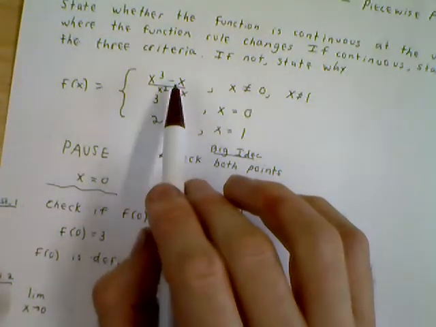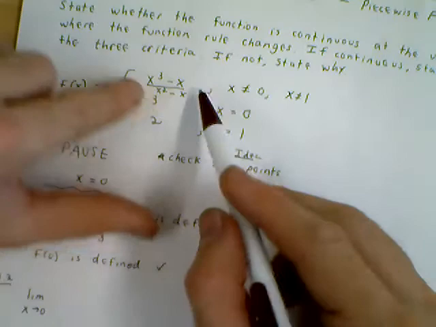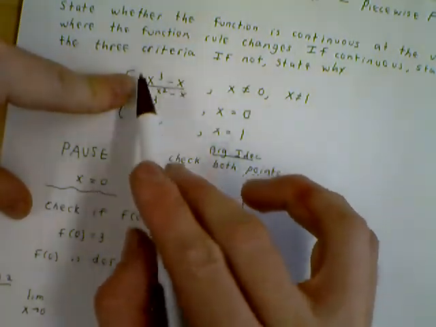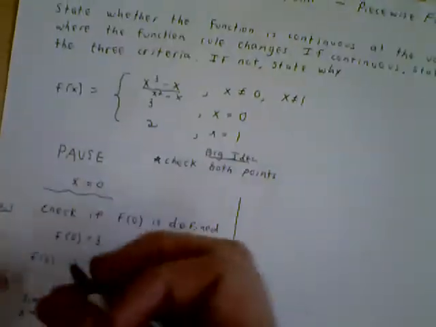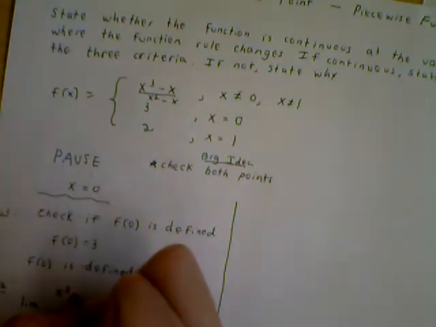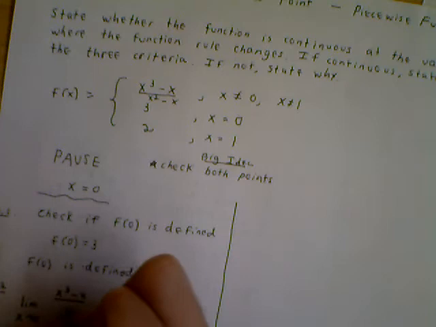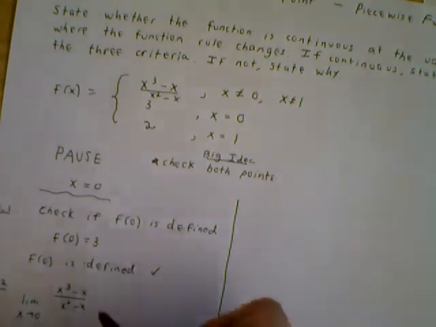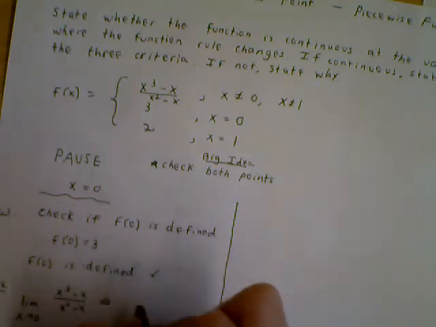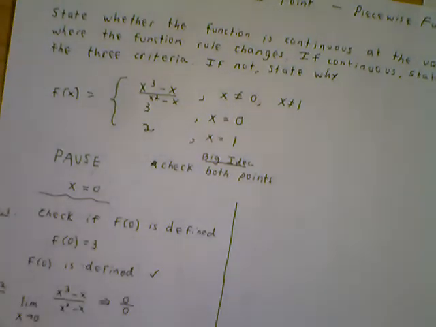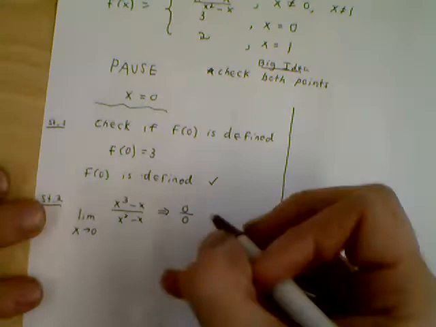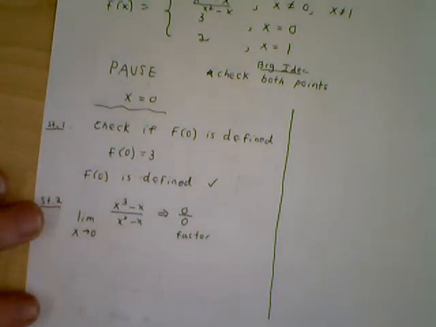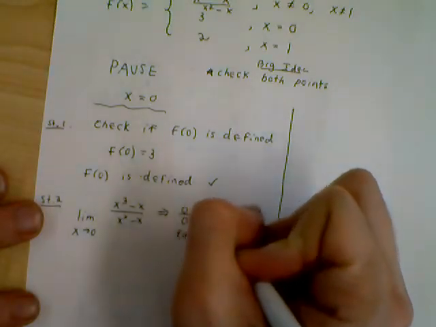I'm going to use my rule up here because it's saying around x is not equal to 0, but we can still get near 0. So I have x cubed minus x over x squared minus x. If I apply direct substitution, I get 0 over 0, which means I have to factor. So let's go ahead and factor. This means we have an indeterminate form.